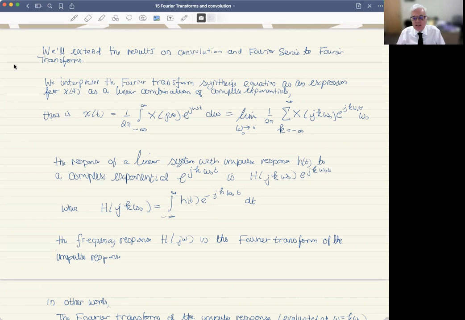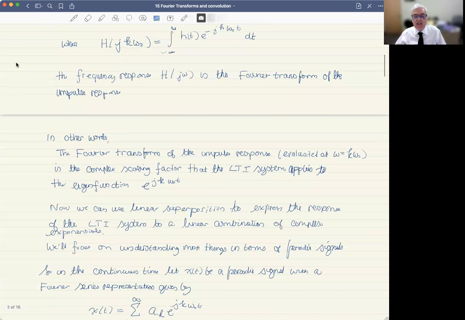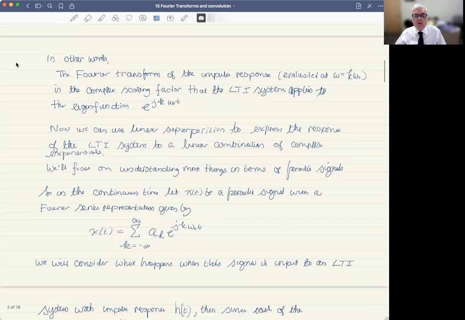And basically, the system function H(jω), capital H of j omega, is the Fourier transform of the impulse response. What that boils down to is that the Fourier transform of the impulse response is the complex scaling factor that the LTI system applies to the eigenfunction.